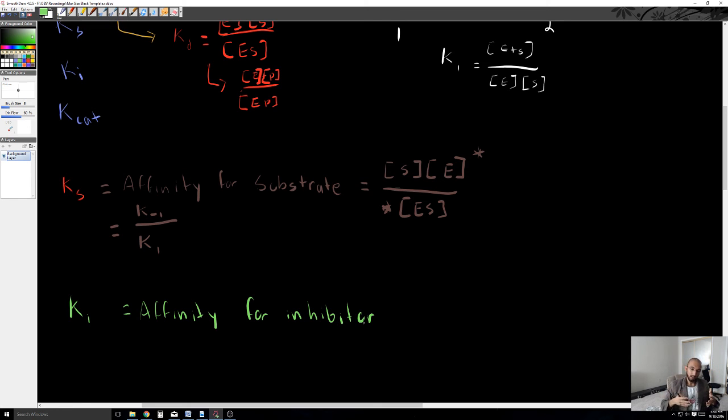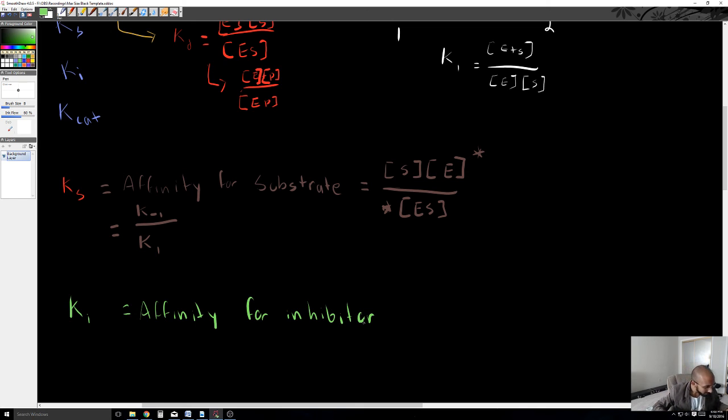You can think of it that way and figure out rationally why this is what it is: if you have a high Ki, the inhibitor is more readily dissociated than it is bound, so it's not a very good inhibitor. It's not very strong, not very potent, however you want to put it. If your Ki is low, a lot of that inhibitor is bound, it's acted upon the enzyme, that's a pretty good inhibitor. I hope that makes sense.